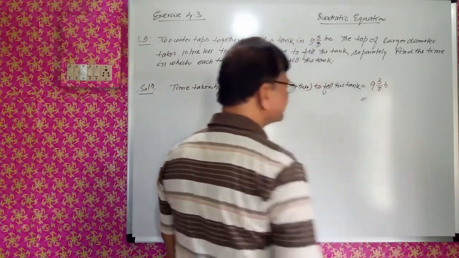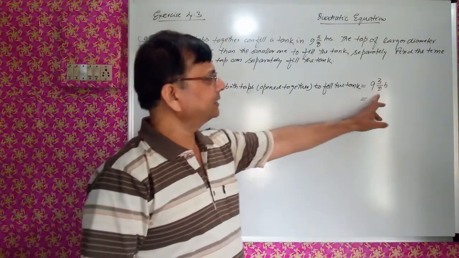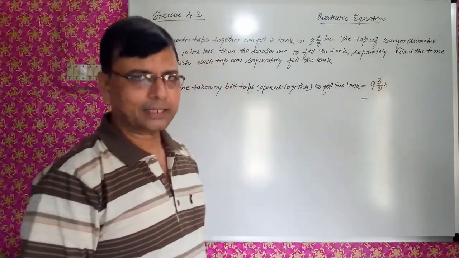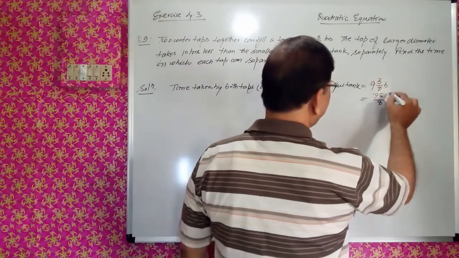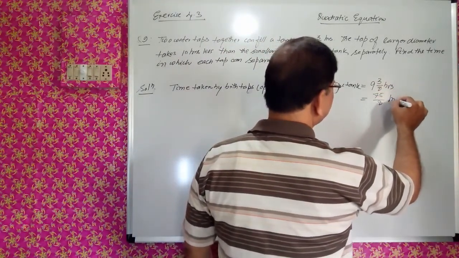That is equal to how much? 9 8s are 72, plus 3, 75/8 hours.